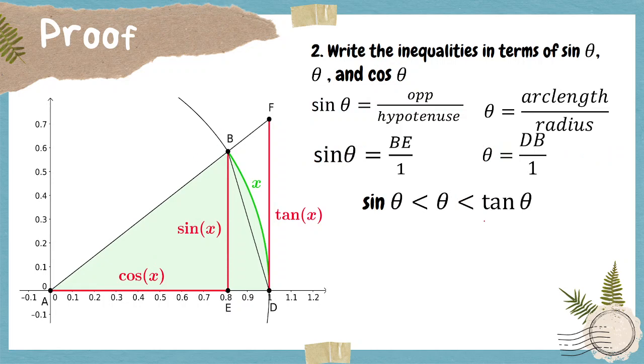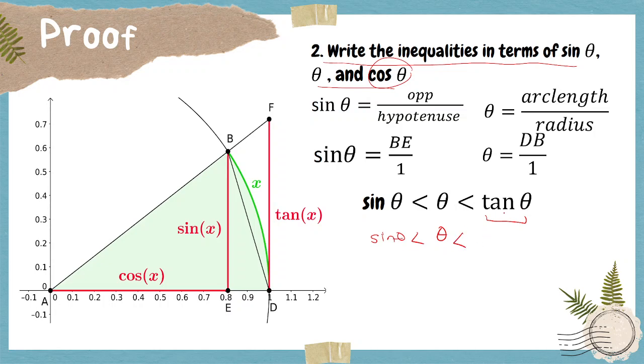According to the proof, write the inequalities in terms of cosine theta. How are we going to write the trigonometric identity of tangent theta in terms of cosine theta? We have sine theta less than theta less than.